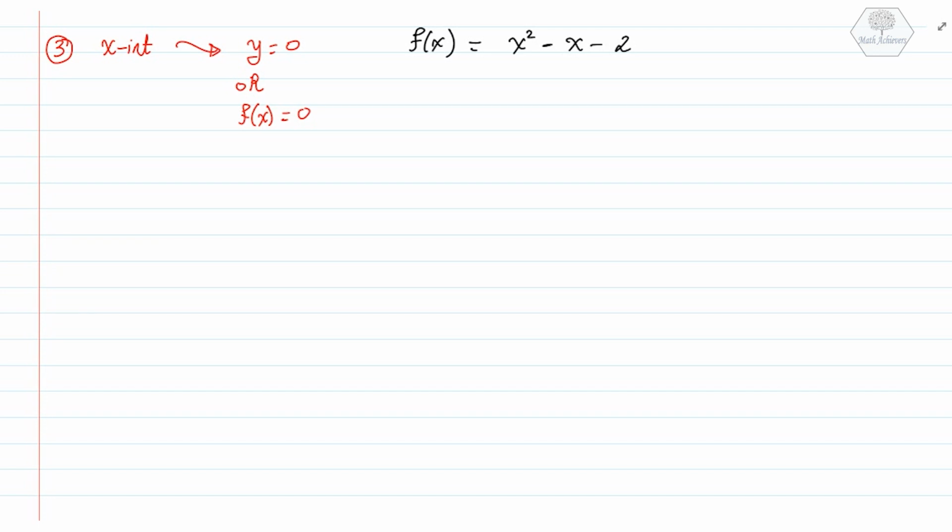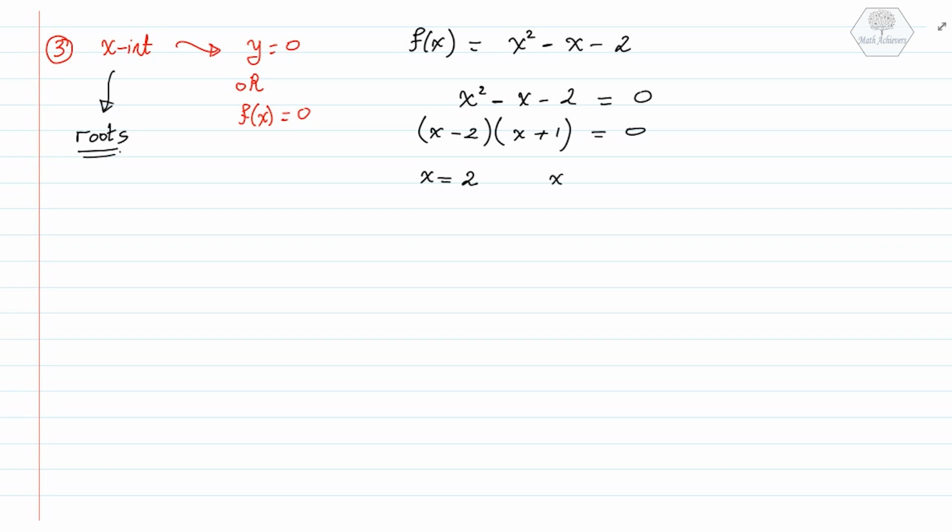So here, to find the x-intercepts, or we call them the roots, we need to substitute f of x with 0. So we'll say that x squared minus x minus 2 is equal to 0. We factorize: x minus 2, x plus 1 is equal to 0, having x equal to 2 and x equal to minus 1.